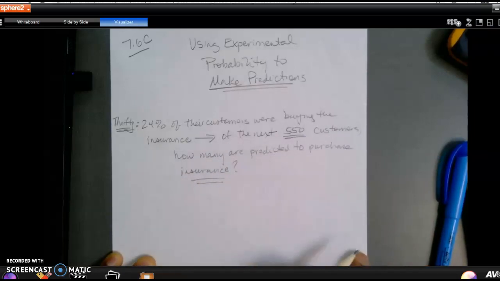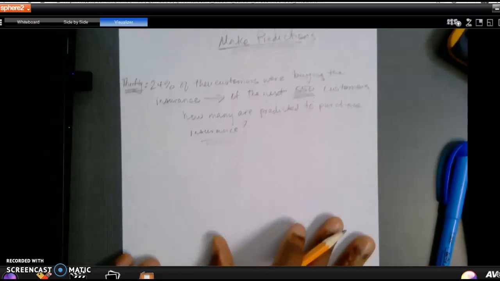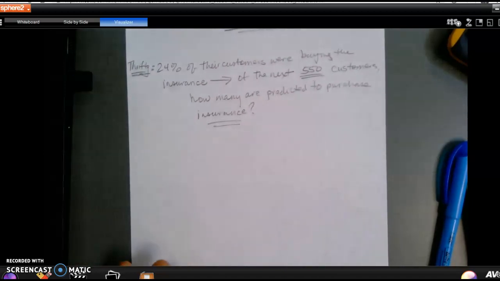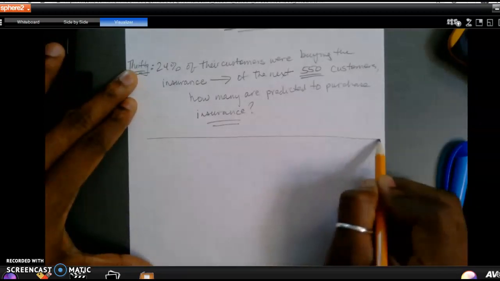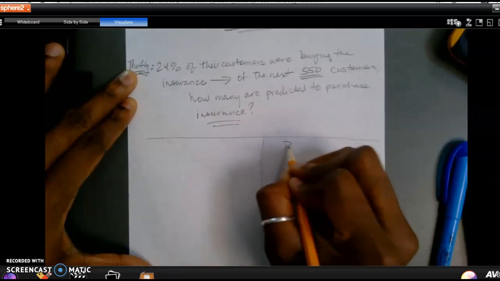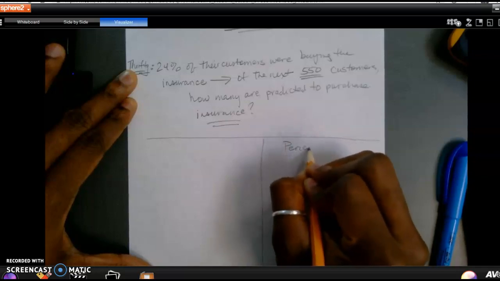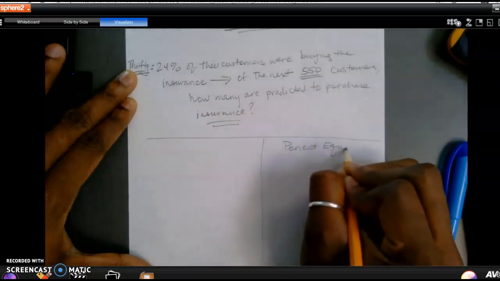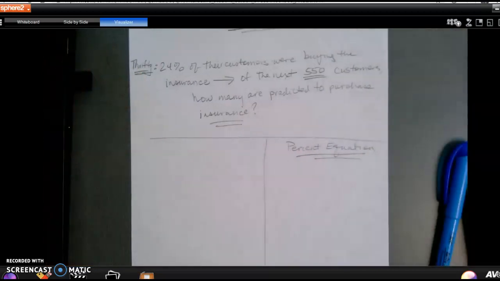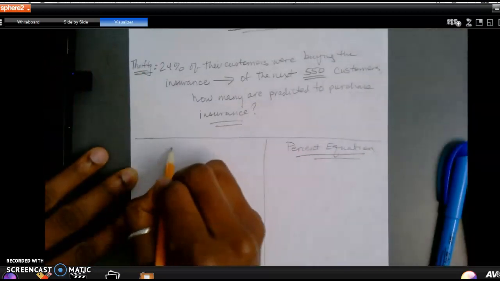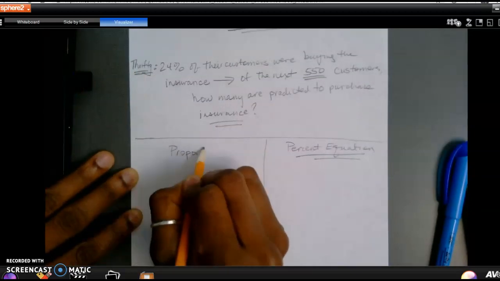All right. So just as the previous example said, what I'm going to do is set up a proportion. Actually, I'm going to do both methods, okay? I'm going to do the percent equation, and I am going to do the proportion method.